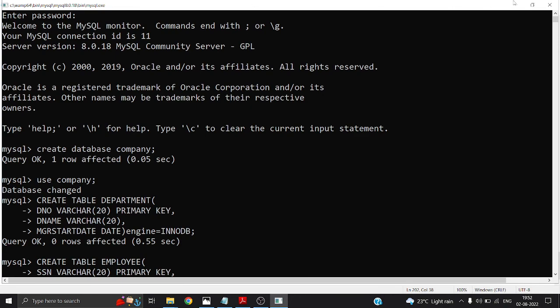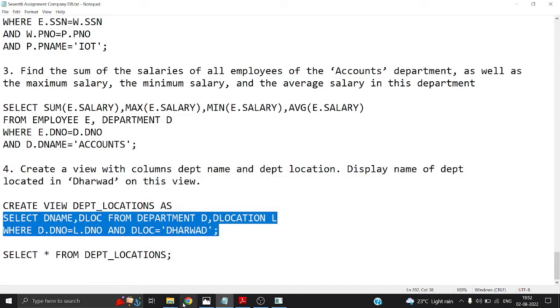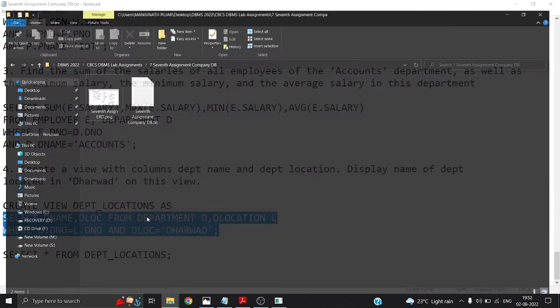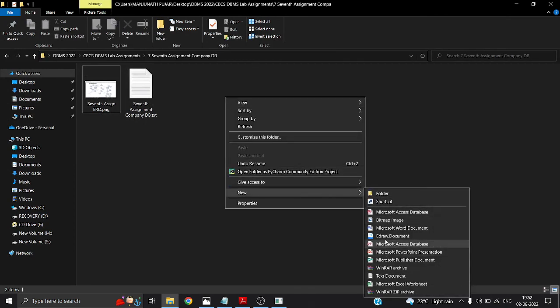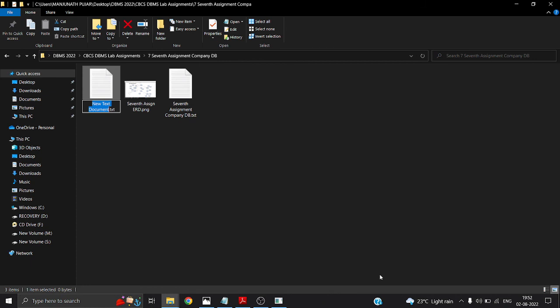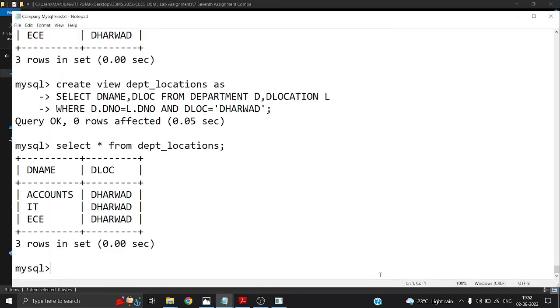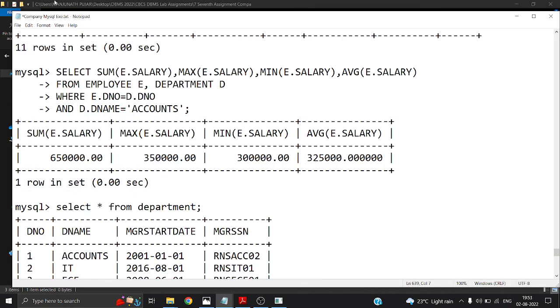Copy it and paste it in any text file, so that it is easy for you to refer. So I'm storing the execution of this particular query in a text file, so that we can refer to it later. So store that MySQL execution result in the notepad. So all these results are stored, which can be used at later stages.